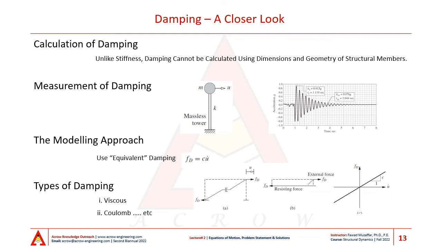Now, unlike stiffness, damping cannot be calculated using dimensions and geometry of the structural members, their connection configurations, and all that. And the reason is damping results from so many different processes, and each one of those processes is so difficult to objectively quantify mathematically.